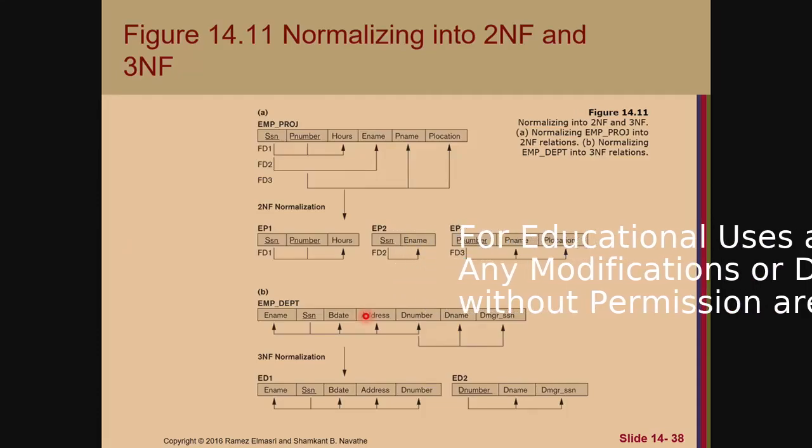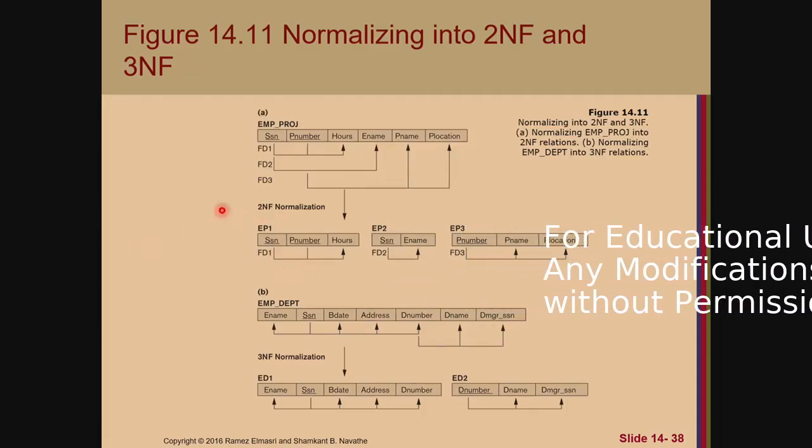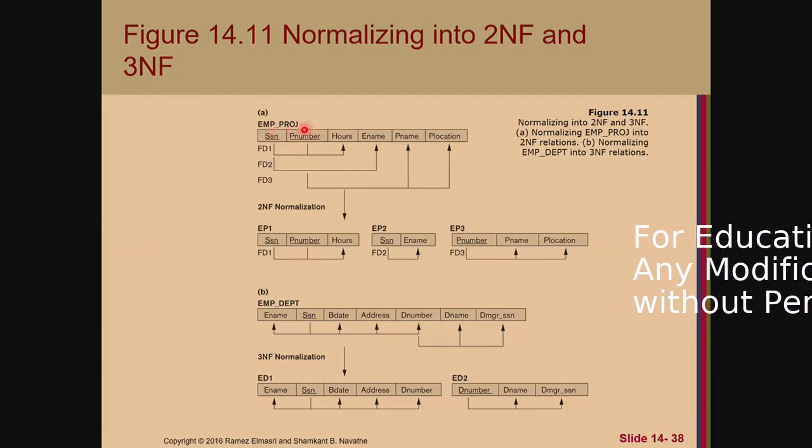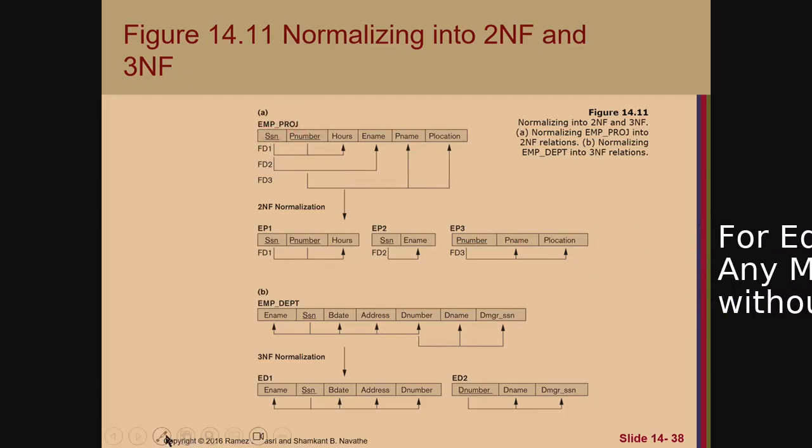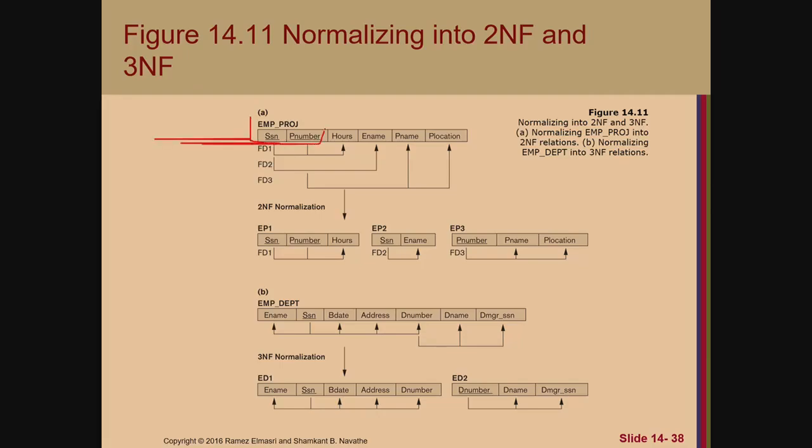For example, now we have the M project relation, right? The primary key now is SSN and P number. Both of them together are the primary key of the M project relation.